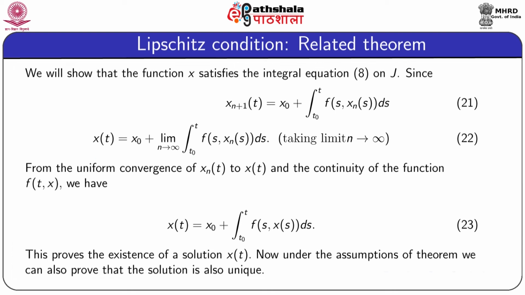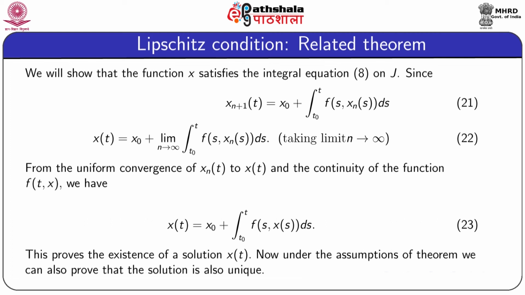From the uniform convergence of x_n to x and the continuity of the function f, we will get x(t) equal to x_0 plus the integral from t0 to t of f(s, x(s)) ds. This proves the existence of the solution x(t).